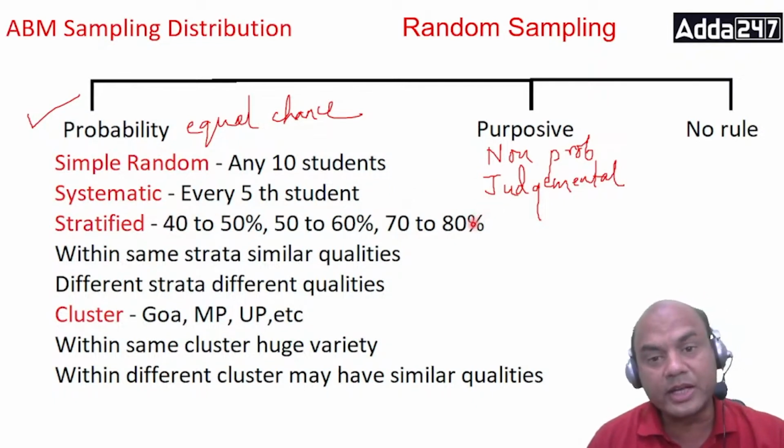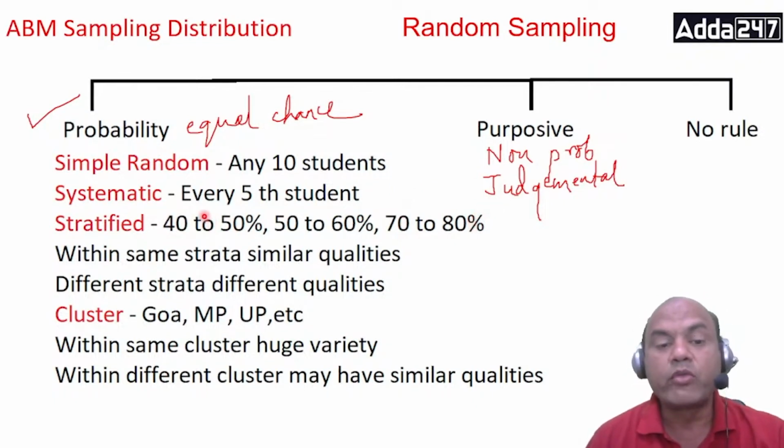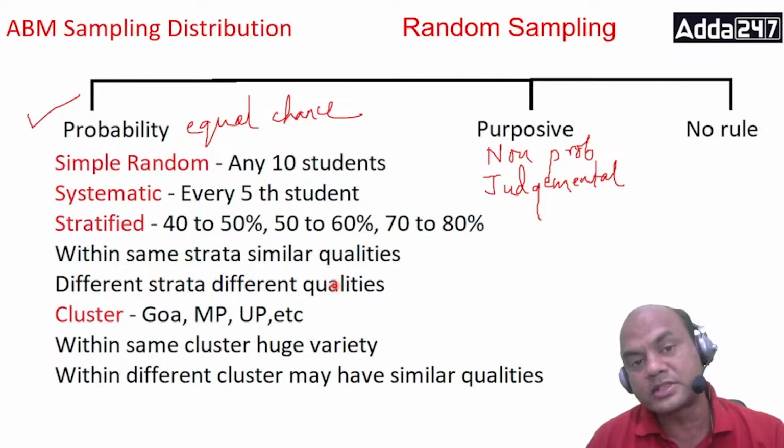That's what is meant by stratified. 40 to 50% students will always think of passing, 80 to 90 will always think of scoring. So within the same strata, similar qualities; within different strata, different qualities.